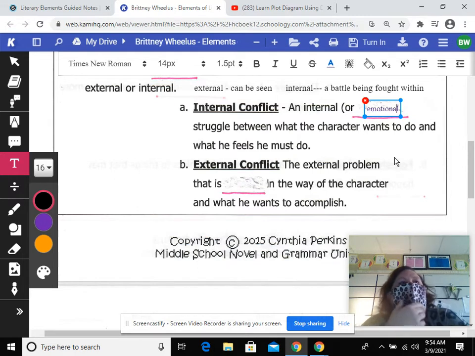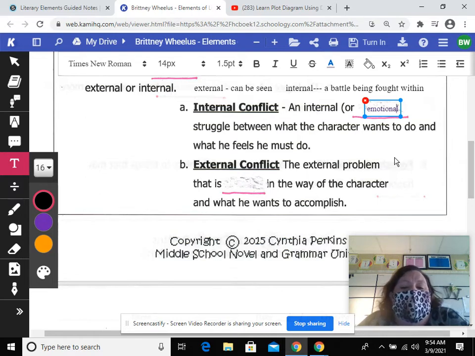Now, do you think Travis has an internal conflict at the beginning of the story? What would his internal conflict be? He doesn't want Old Yeller, and he has different reasons for not wanting Old Yeller.